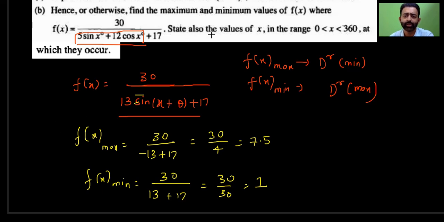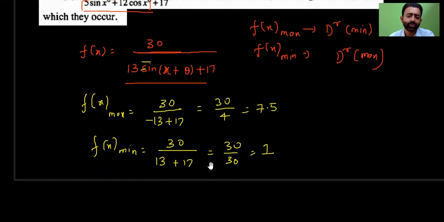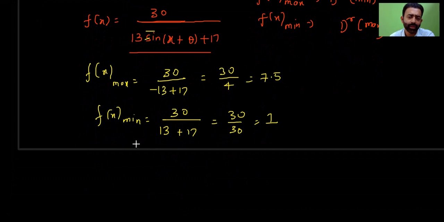Right? And then state also the values of x in the range 0 to 360 degrees at which these maximum or minimum values occur. Now in this case, what we have to do is find the values of x. As I know, the value of theta is tan inverse 12 by 5. For f(x) maxima, it attains the maximum value when sine is minimum.